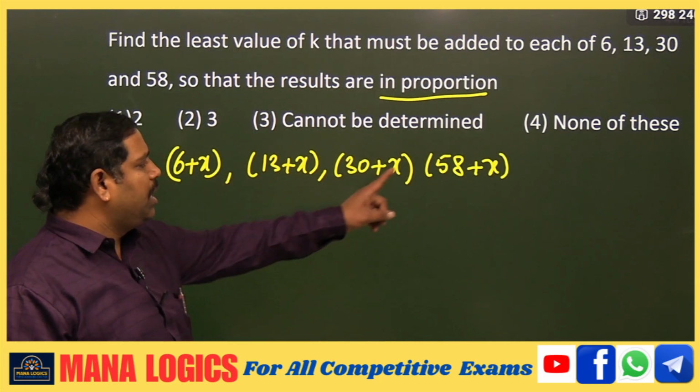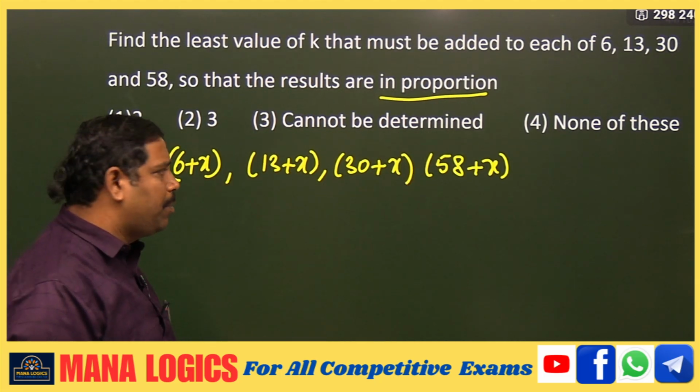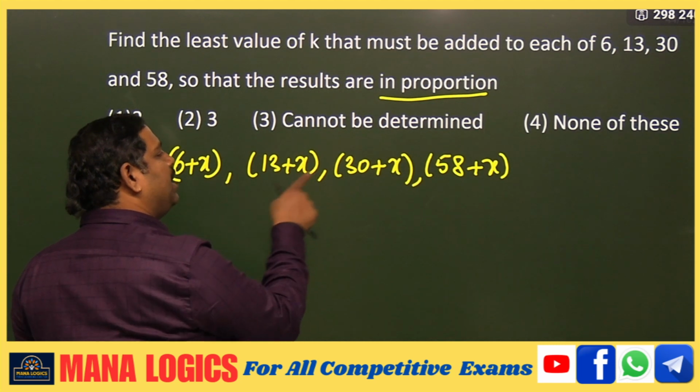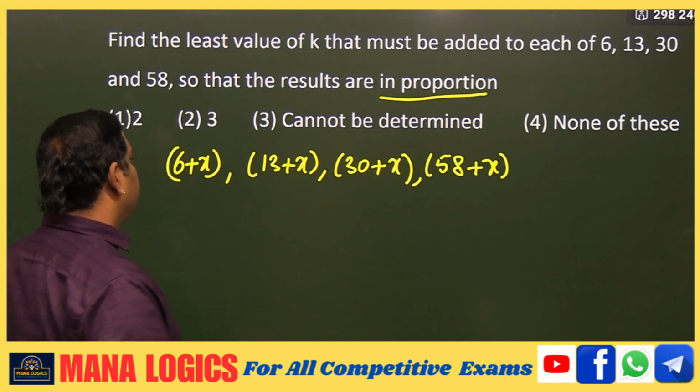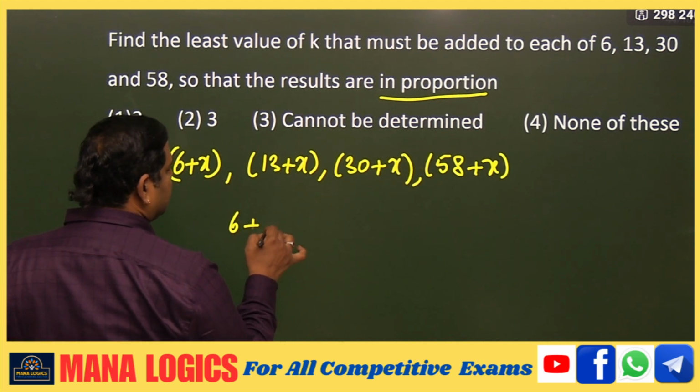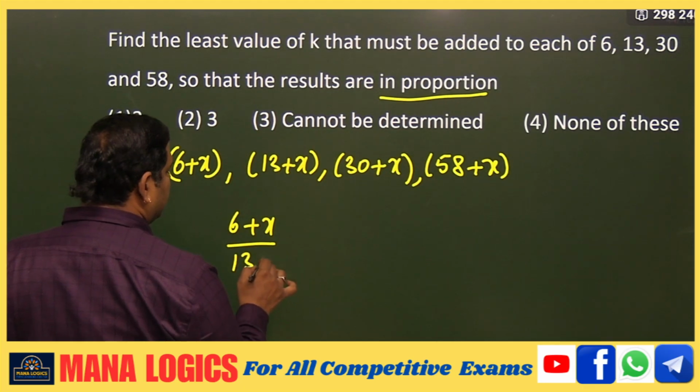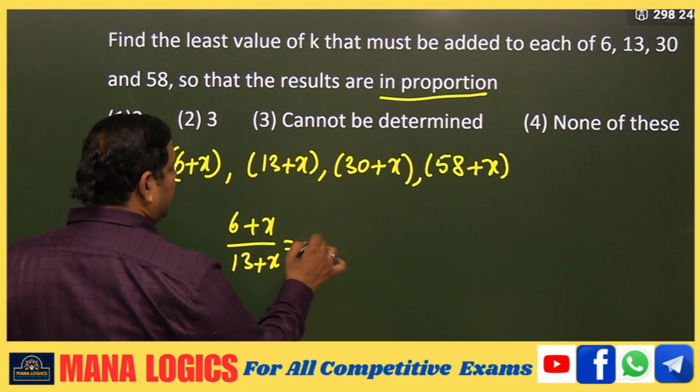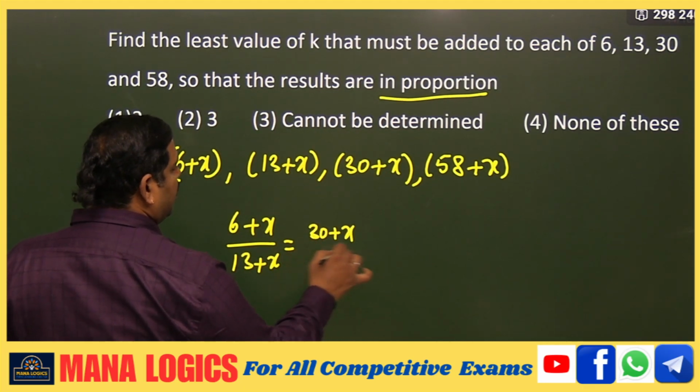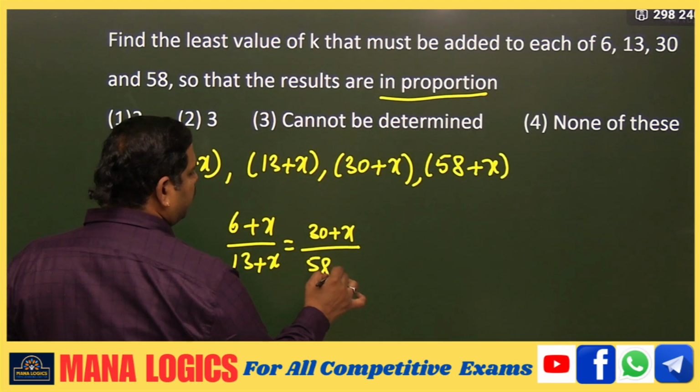How many terms? 1, 2, 3, 4, means proportion or continued proportion? Proportion. A by B is equal to C by D. So (6 plus x) by (13 plus x) is equal to (30 plus x) by (58 plus x).